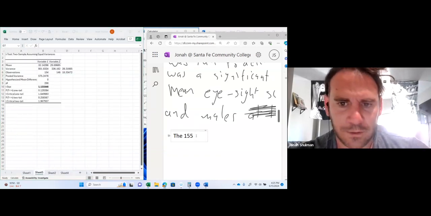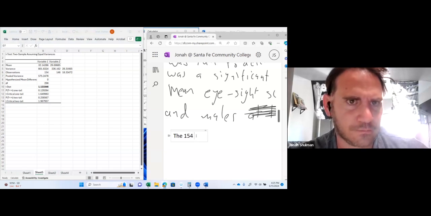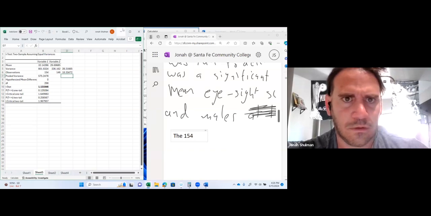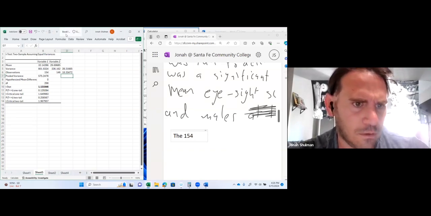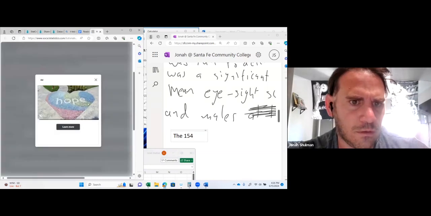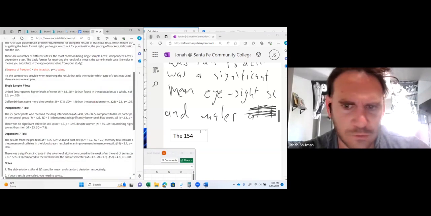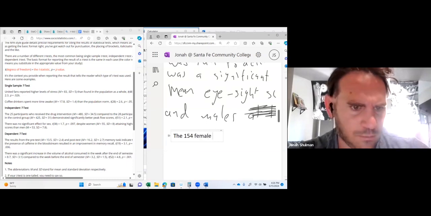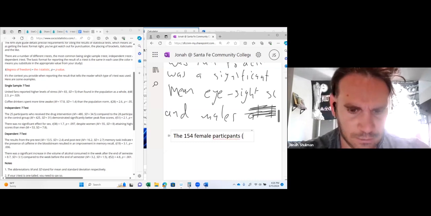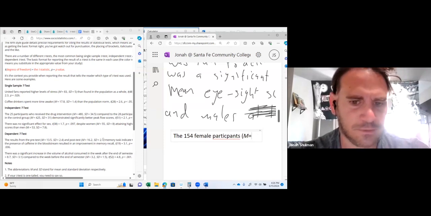Be 154. 154 female participants. And then I need the mean. Notice the mean is italicized. And then we also need their standard deviation.